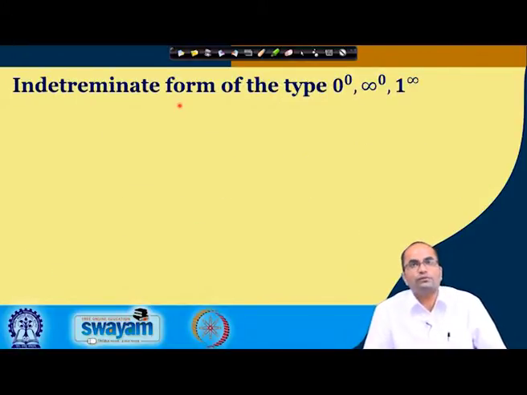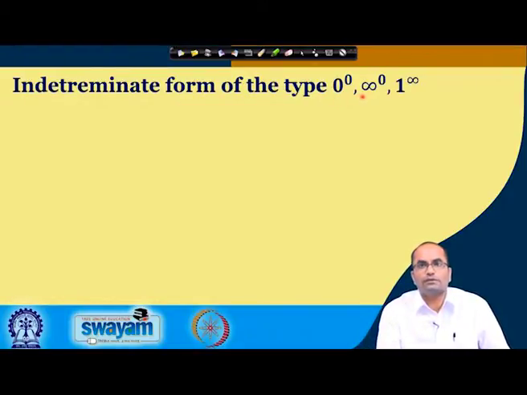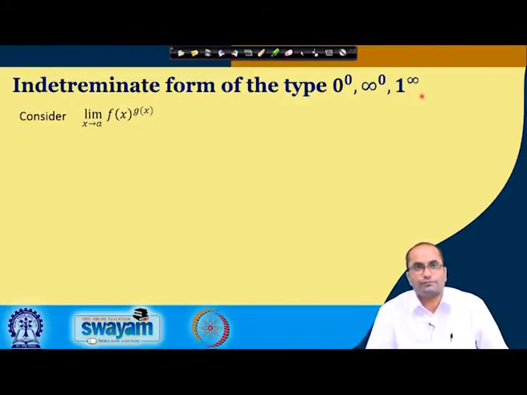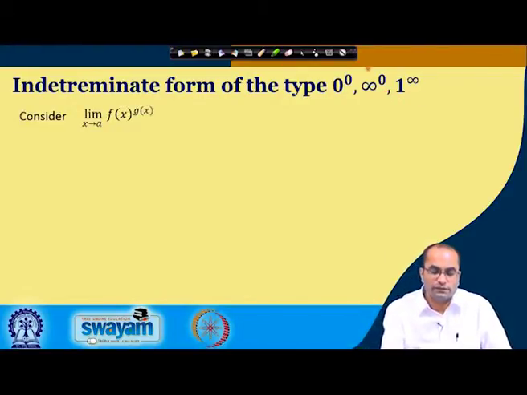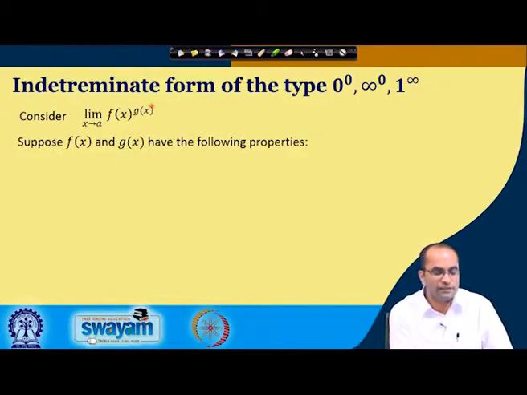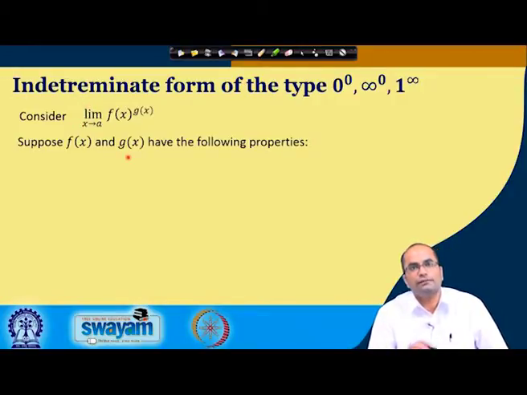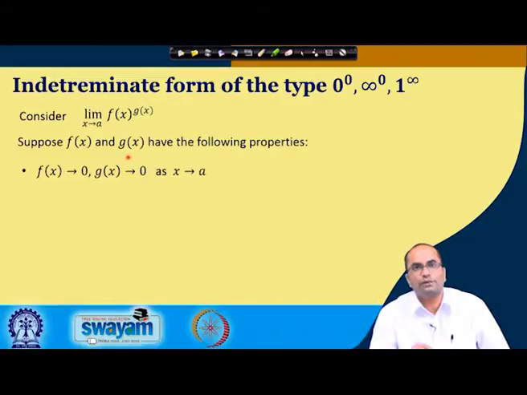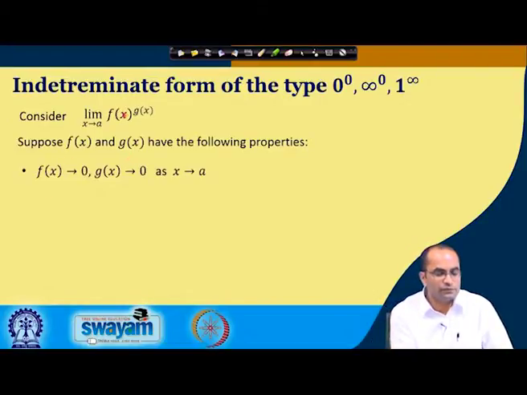Now, we will move to the indeterminate forms of the type 0 power 0, infinity power 0 and 1 power infinity. All these types of limits we can handle together. So, we consider this f(x) power g(x) as x goes to a, and suppose f(x) and g(x) have the following properties. The first one: f(x) goes to 0 and g(x) goes to 0, so we have this limit as 0 power 0.